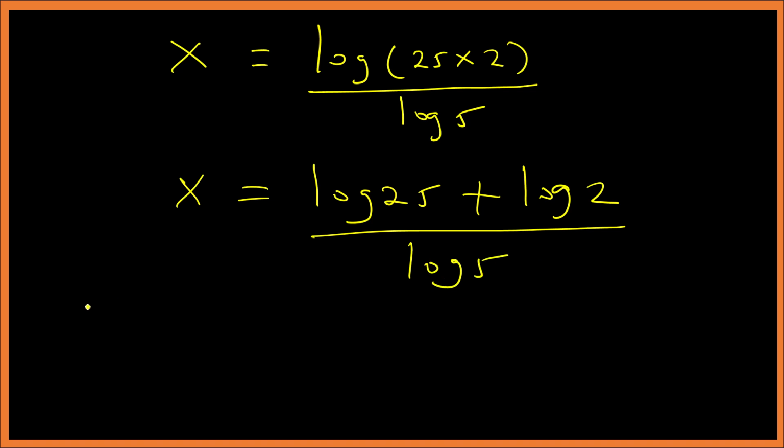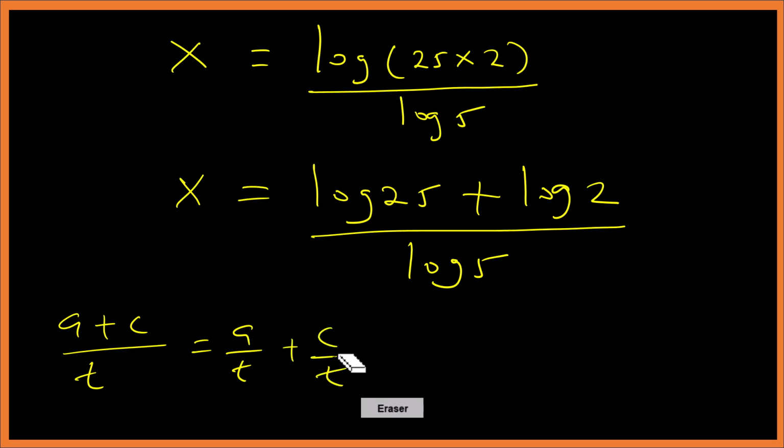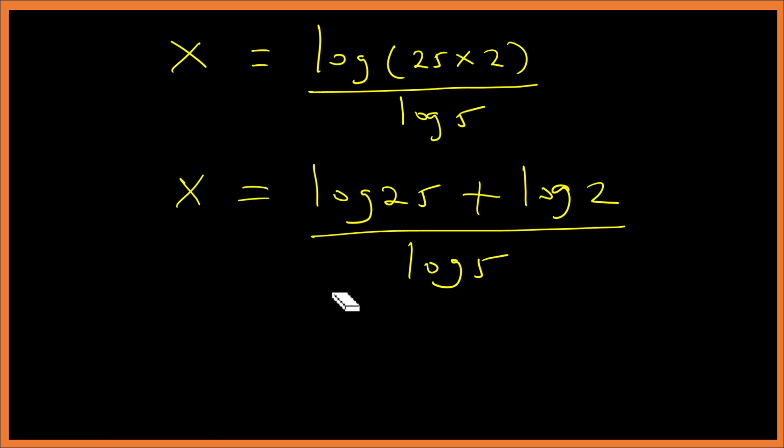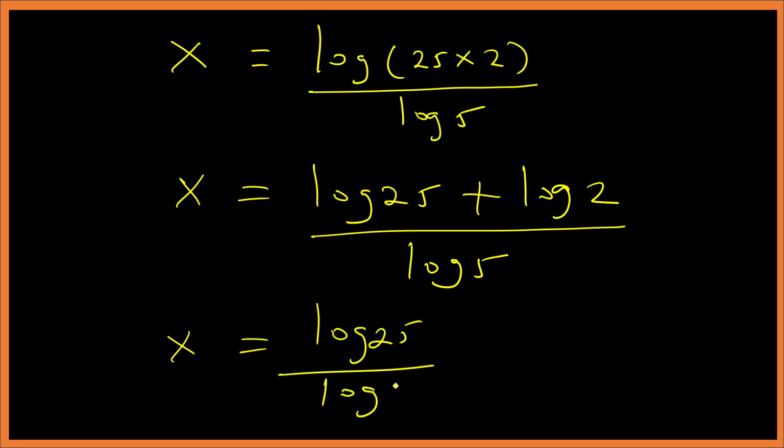Okay, now when we're given a plus c over t, it's the same as a over t plus c over t. So from here we can make this side log 25 over log 5 plus log 2 over log 5. Now let's observe this one well.